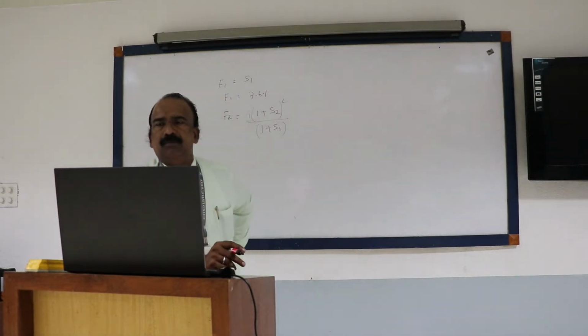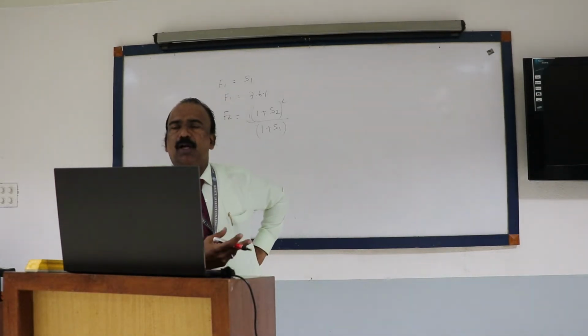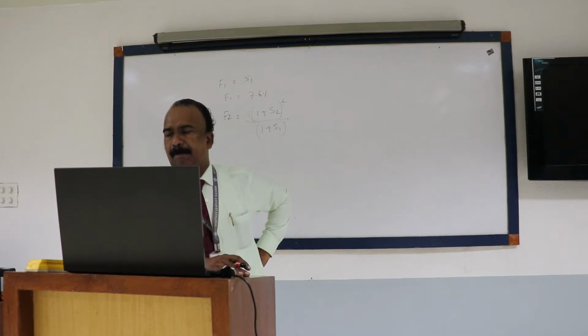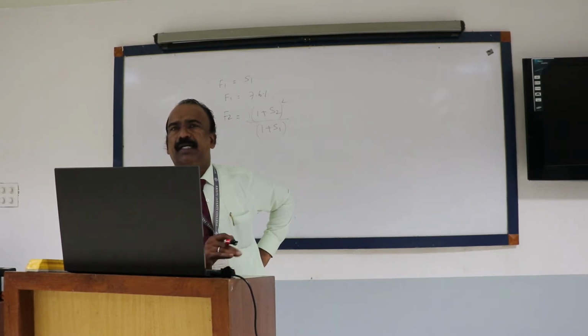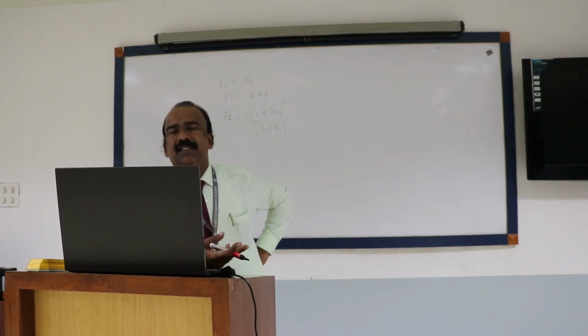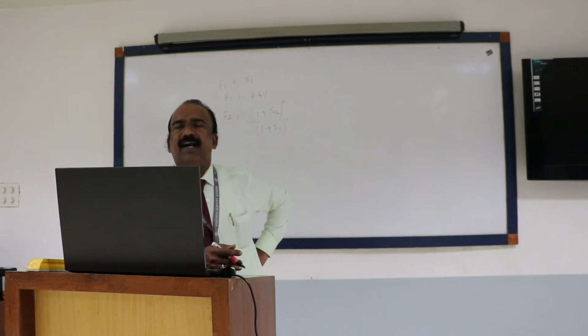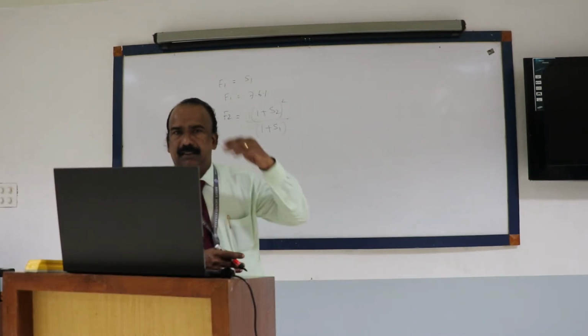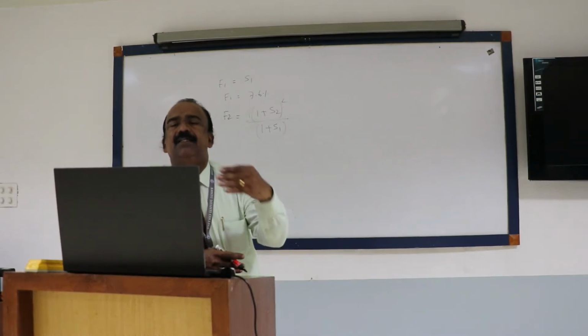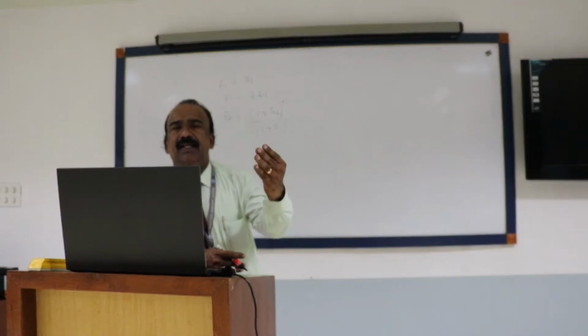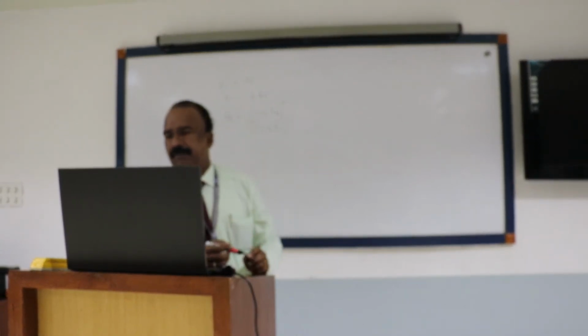Got it? 1 plus spot rate of the second year, power 2, divided by 1 plus spot rate of the first year. The third year will be (1 plus S3) power 3 whole divided by (1 plus S2) power 2. That is, the third year spot rate power 3 divided by the second year spot rate power 2.